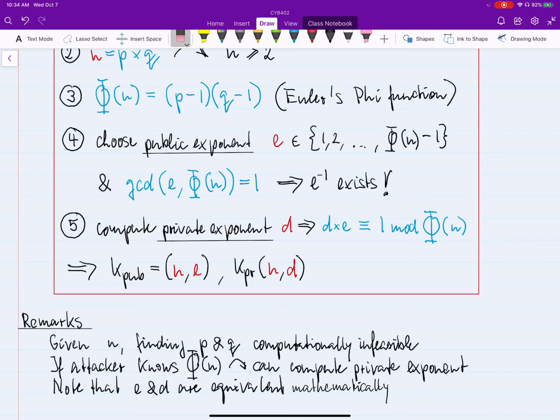They are distinguished by the way the protocol is handled: one is defined as private, the other is defined as public. And the other distinction is that e is much, much smaller than d, and this is for efficiency reasons.